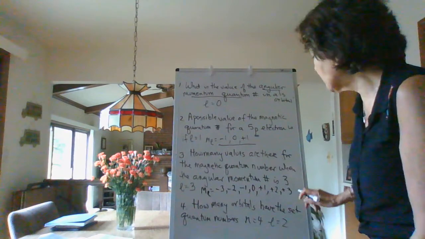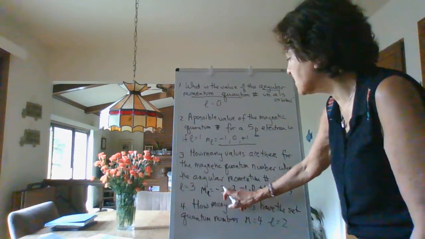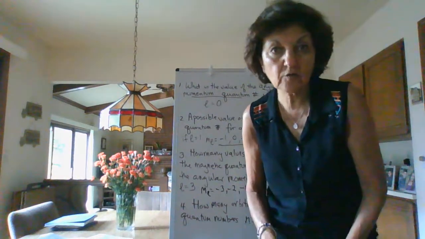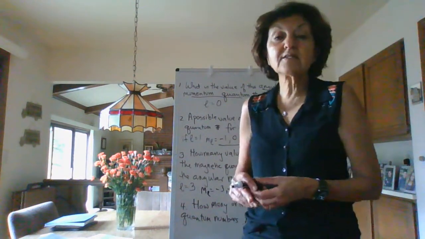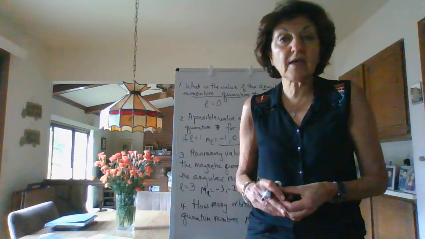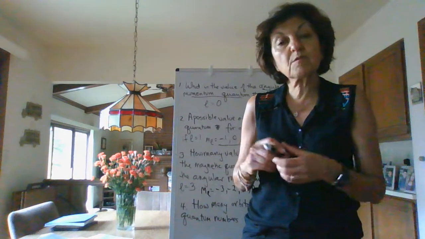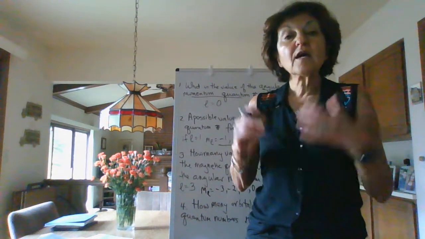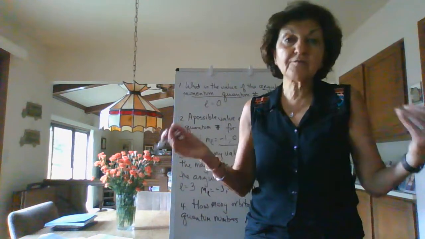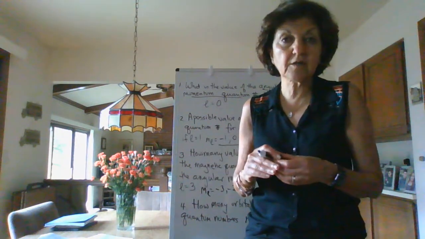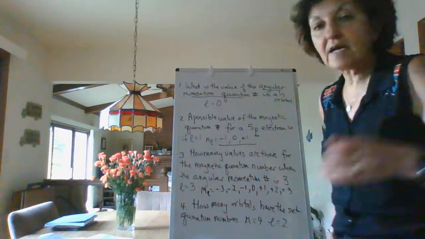How many values are there? 1, 2, 3, 4, 5, 6, 7, seven possible values. Because when L is 3, that is the F subshell, and the F subshell, if you remember from intro chemistry, holds a maximum of 14 electrons, and each orbital holds 2, so you have 7 orbitals in the F subshell.